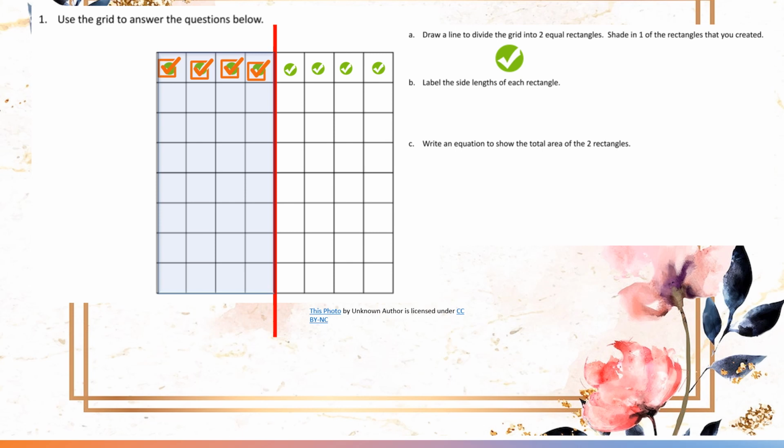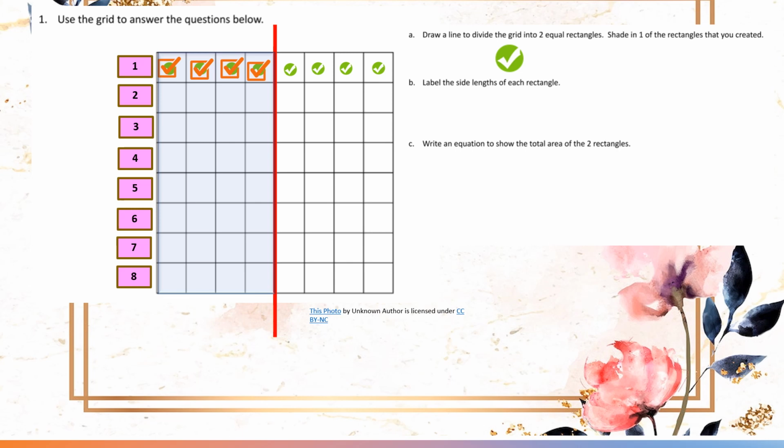All right, let's go ahead and move on to letter B. Letter B says to label the side lengths of each rectangle. Okay, well, let's start by labeling the one that we shaded in first. I'm going to label the long side. Okay, let's get started. 1, 2, 3, 4, 5, 6, 7, 8.